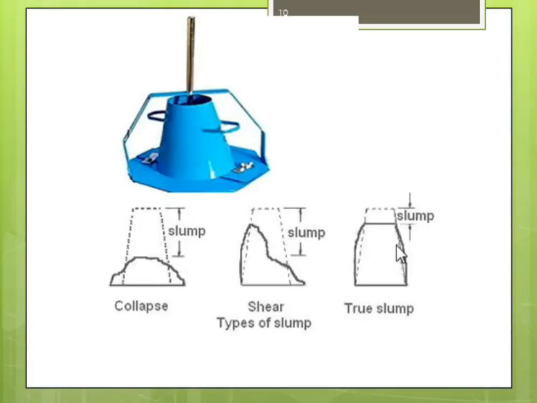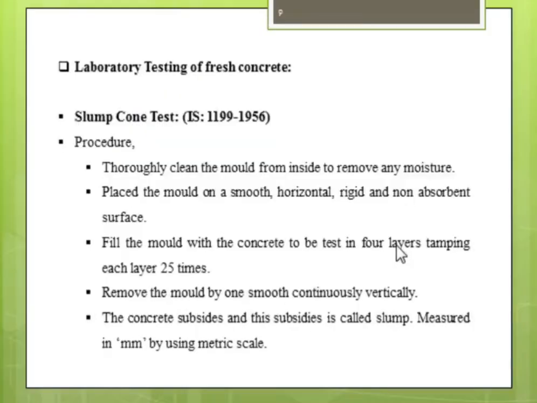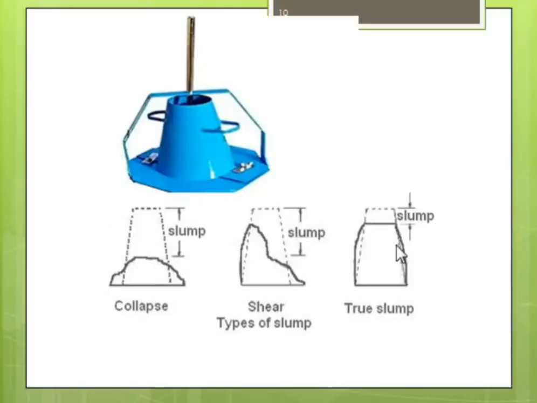First we fill a layer of concrete, then tamp it, 25 tamping strokes are required for each layer. And after the cone is fully compacted, we slightly remove the slump cone upward. This is the slump cone, and the tamping rod sometimes has a scale given on it. So with that scale we can measure the slump height. Okay, so this is the slump cone.